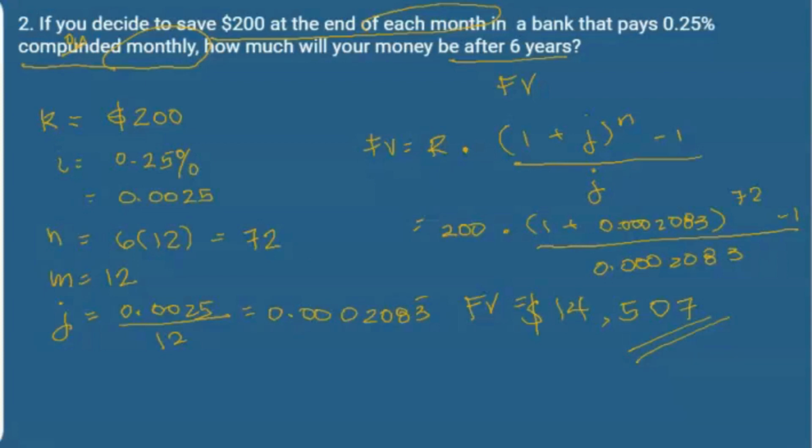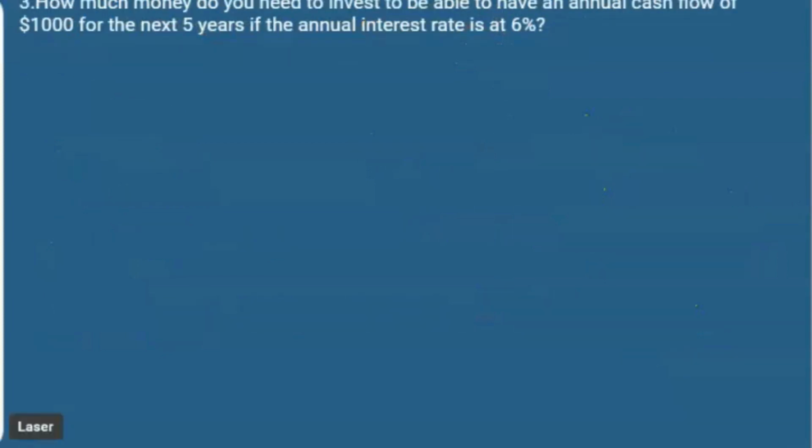Okay, next. Number 3: how much money do you need to invest to be able to have an annual cash flow of $1,000 for the next 5 years if the annual interest rate is 6%?